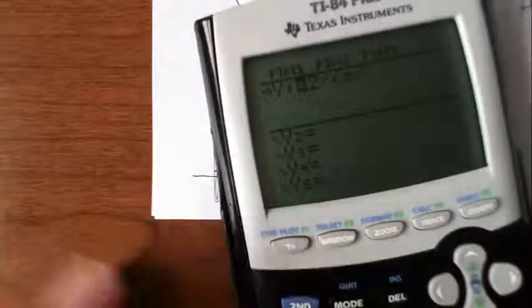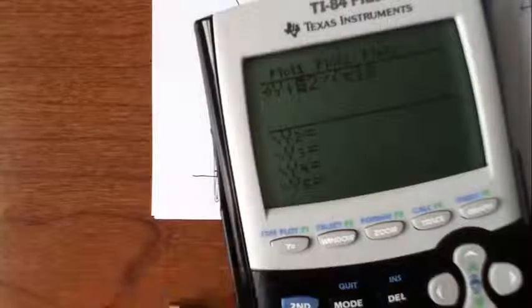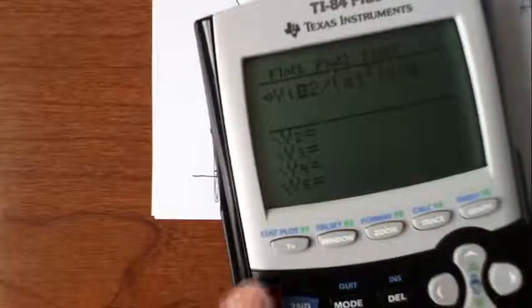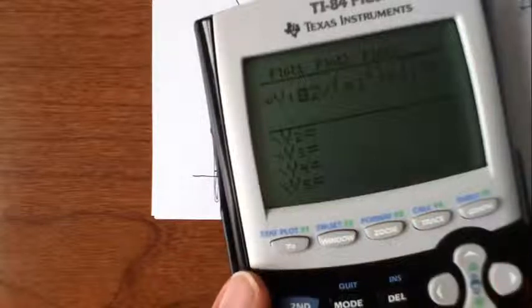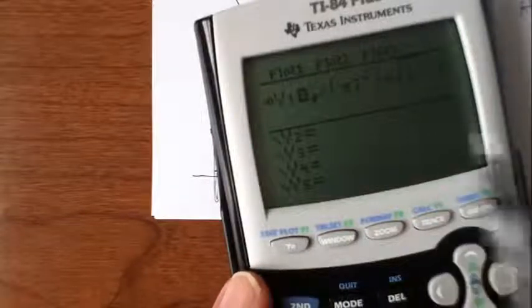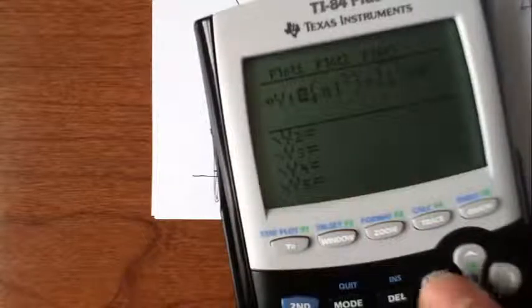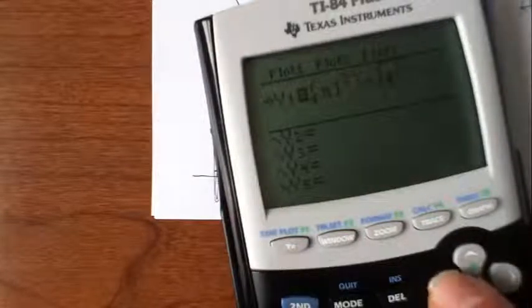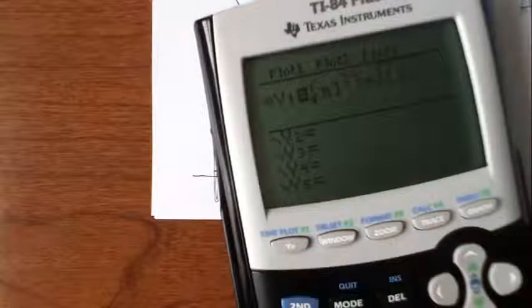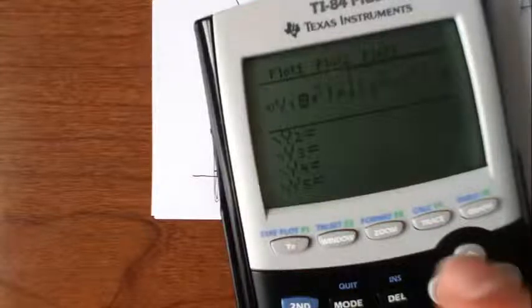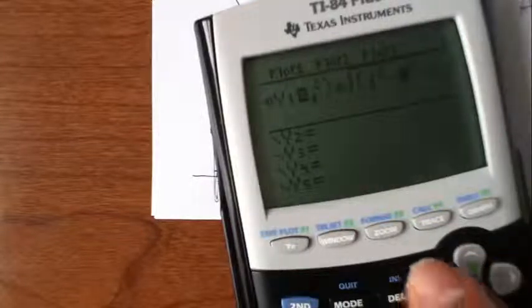I'll use r equals 1. Then multiply the whole thing by the square root of 1 squared minus x squared.